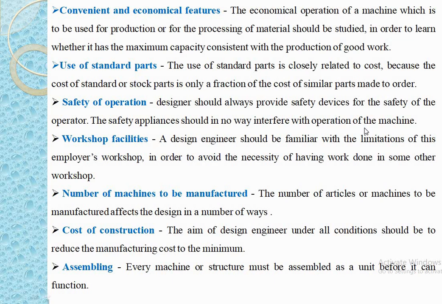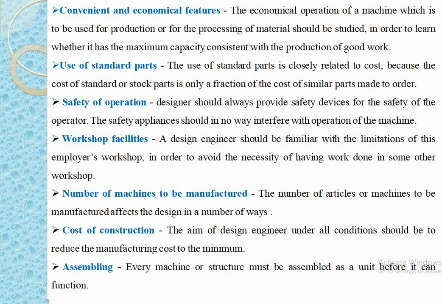It is therefore necessary that a design engineer should always provide safety devices for the safety of the operator. Some machines are dangerous to operate. Take the example of those which are speeded up to ensure production at a maximum rate. Sometimes it is necessary to improve the speed or feed rate.